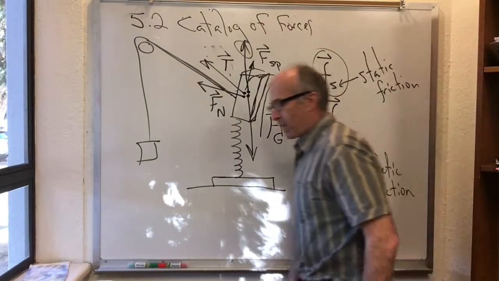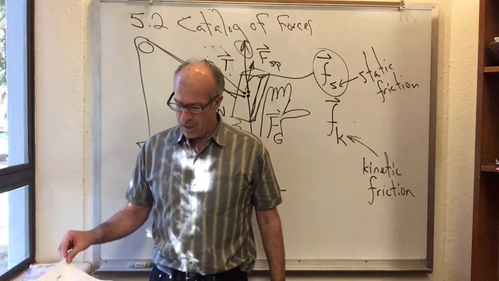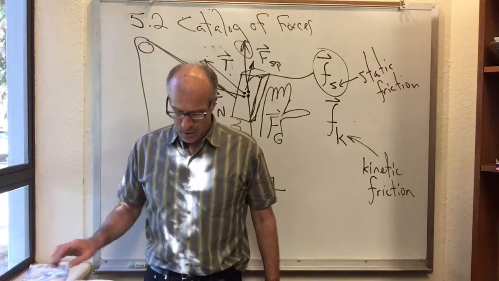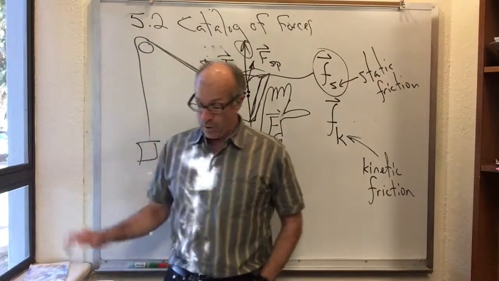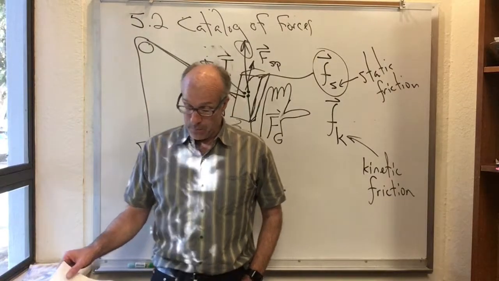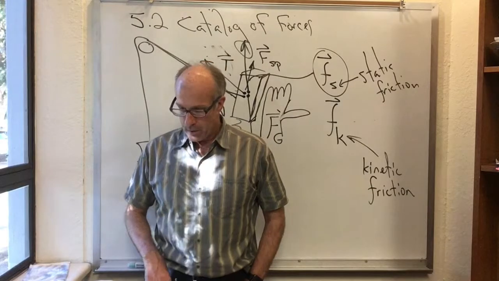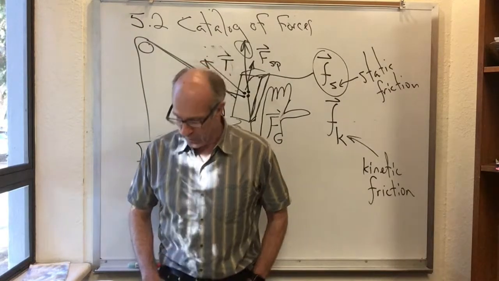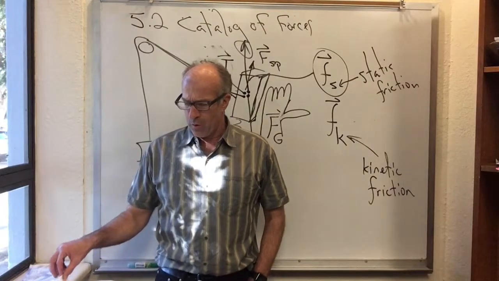And then the final one, and this is actually the subject of the entire second semester, is electric and magnetic forces. That's a pretty big catalog, actually. Even without electric and magnetic forces, which is the subject of the whole second semester, that's quite a catalog. That's enough to help us get a lot of entertaining and illustrative examples that will help us become familiar with forces.